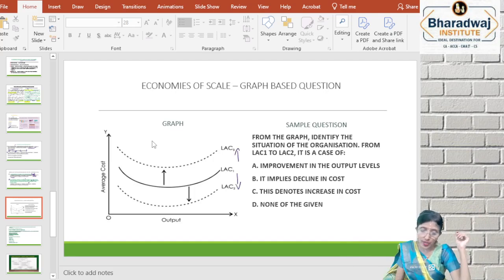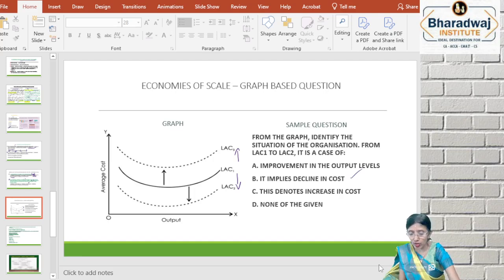From the graph, identify the situation of the organization. From LAC 1 to LAC 2, it is a case of improvement in the output levels: decline in the cost, increase in the cost, none of the given. What is the answer? Decline in the cost.